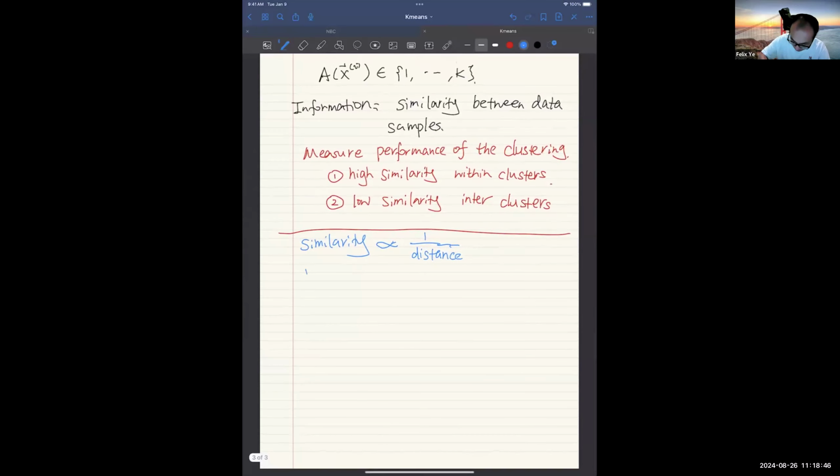For example, the Euclidean distance is one of the commonly used distances between two points. It is d(x, z), which you can think of as the 2-norm of the difference between two points. Of course, we have talked about the kernel trick, so you can use a kernelized distance if needed.